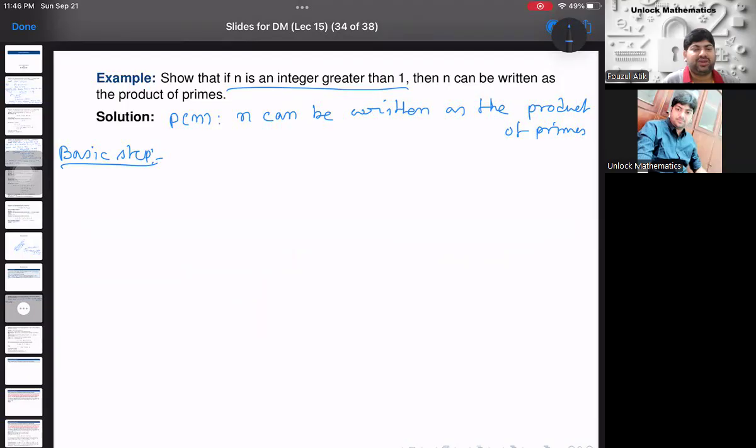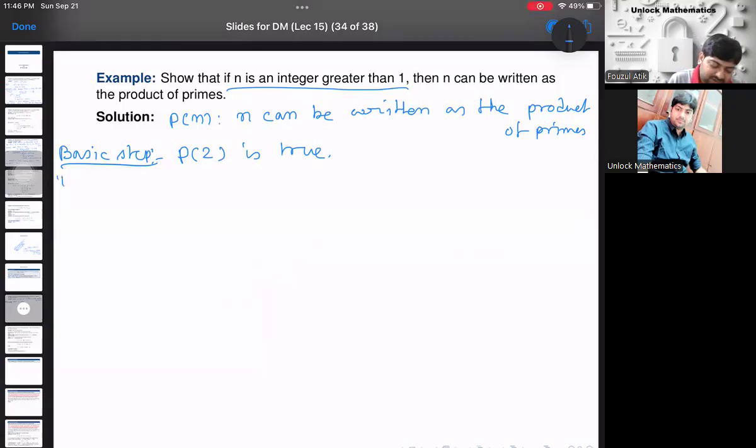P of 2 means 2 can be written as a product of primes. Yes, because 2 is itself a prime number, so it is a product of 1 prime. Therefore, P of 2 is true. In the formal proof this will also be written; I am doing it a little briefly.